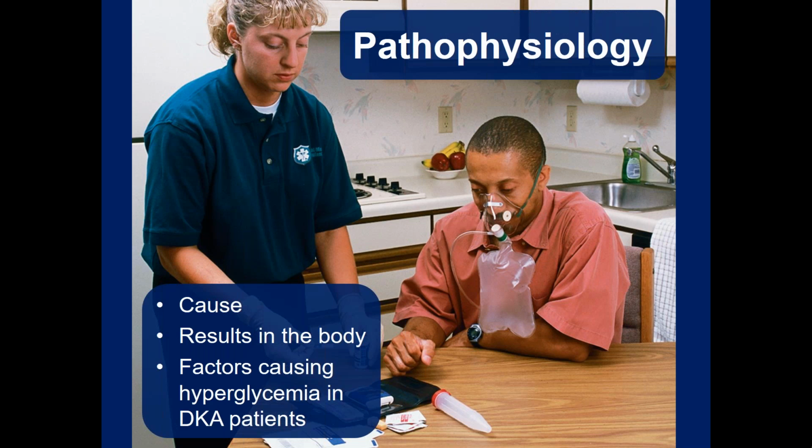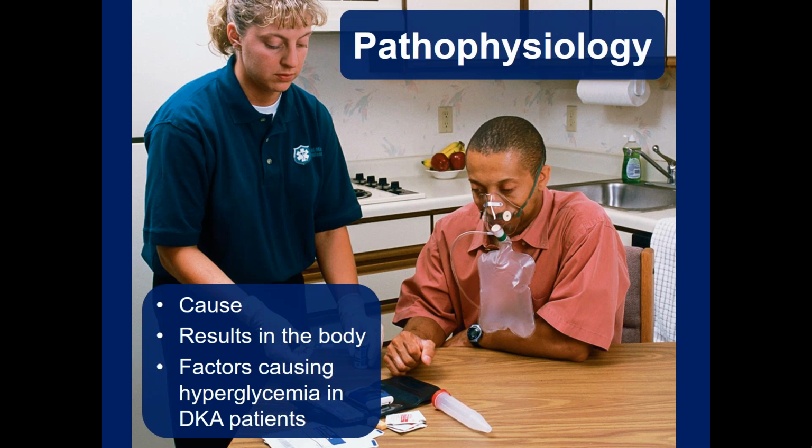Why are they going to be hungry? Because their cells aren't getting glucose. So if the cells aren't getting fed, they're constantly sending off that message: hey, feed us. We need some glucose. And the brain goes, all right, glucose on the way. And in goes the food. So this patient will be insatiably hungry, eating everything in sight.